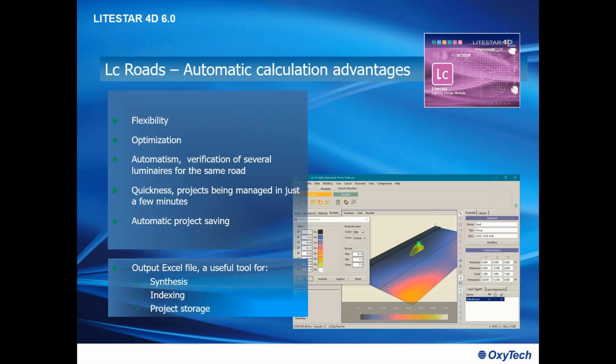They are automatically saved by the program. It's clear that the Excel file then becomes a useful tool for synthesis, because in a single spreadsheet you have all the information related to the lighting of a whole city, and you don't have to go around opening different files, different projects. You just have anything you need in the same file.